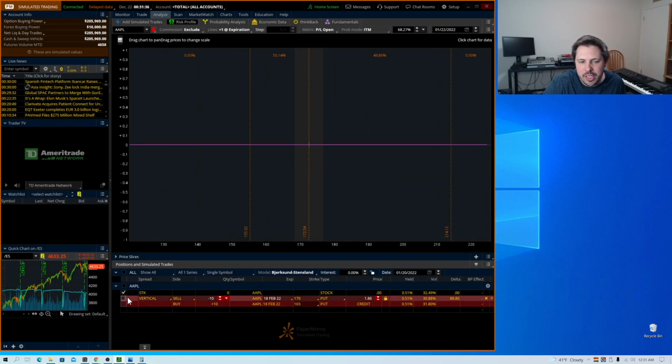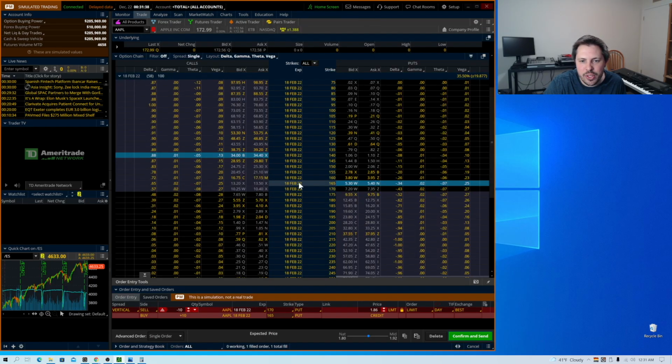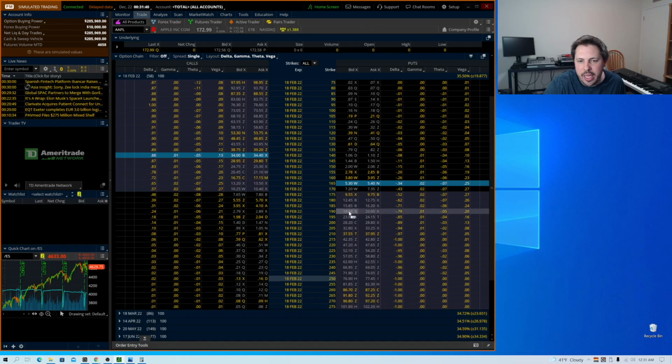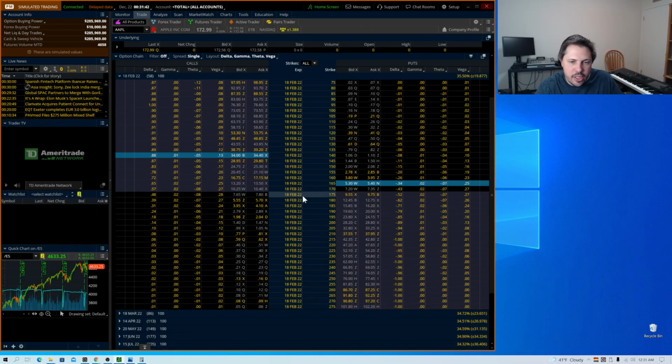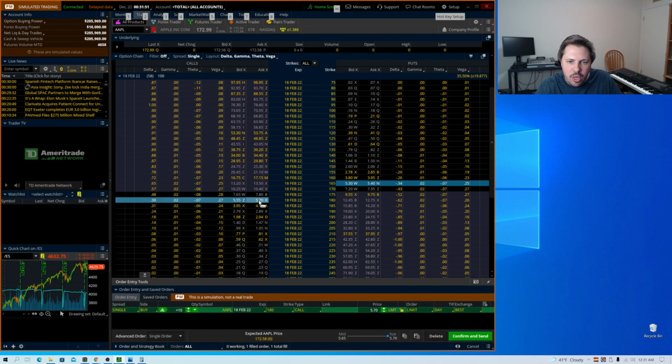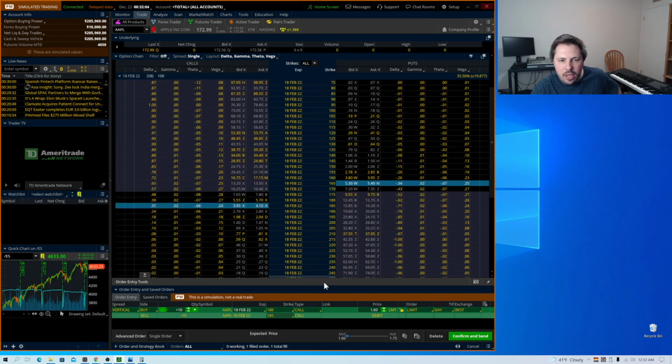Okay, I'm just going to turn this off and leave this here, because another way to create the same sort of trade is to use a call debit spread. If we think Apple's going to go up, we could buy the 180. So now we're buying the call that's closer to the money, and we're going to sell a call that's farther away. For instance, we buy the 180 and we sell the 185.